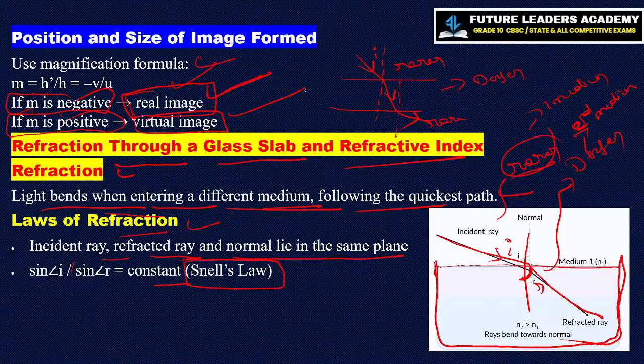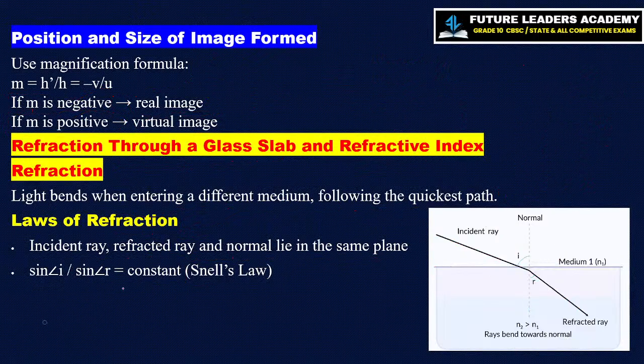So the structure of this light ray is: came, bent, and again bent. It is bending towards the normal, and here also if we take the normal, it is bending away from the normal.